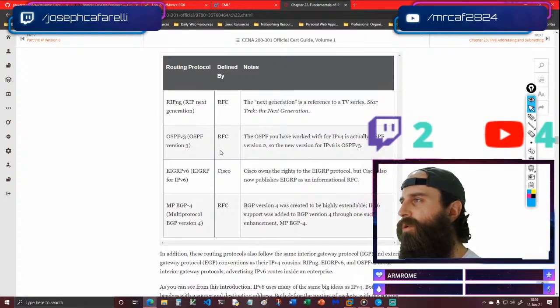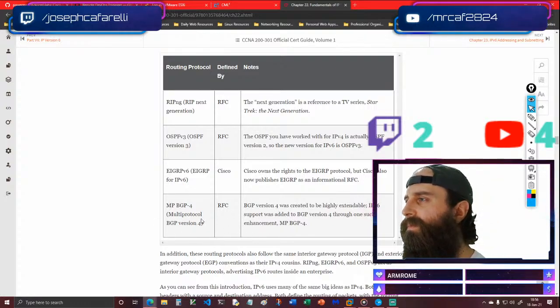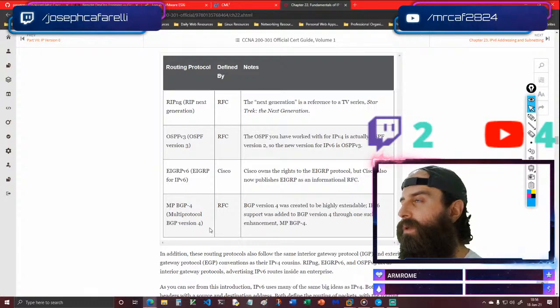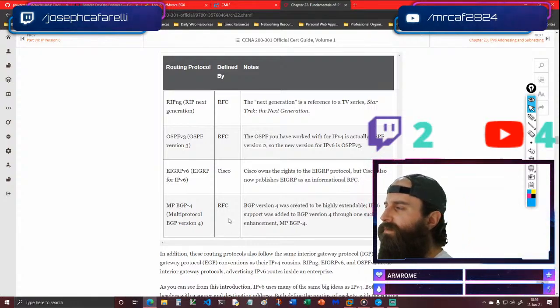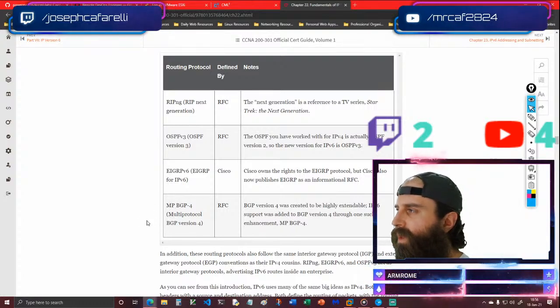OSPF and EIGRP are more internal type routing protocols, where BGP is external. There are some versions, I believe, of external EIGRP, but for the most part, no, there isn't. It's all BGP. I believe there's another exterior routing protocol, but for the most part, it's BGP.